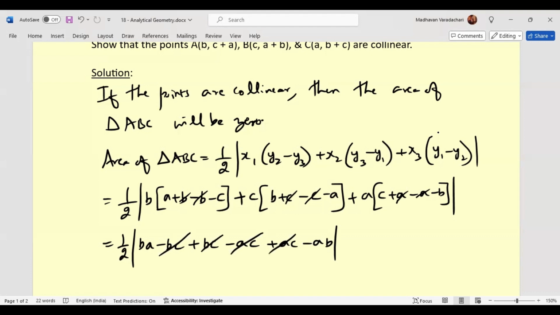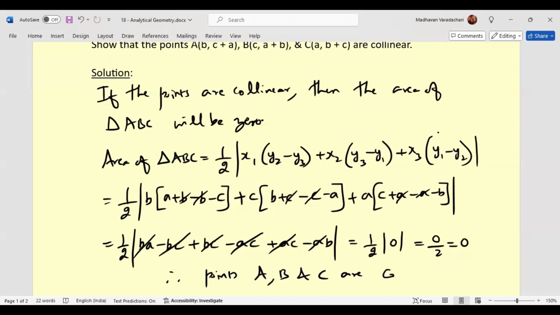BA minus AB both are same. You get half times modulus of 0, which is nothing but 0 by 2, which is 0. Therefore, we can say points A, B, and C are collinear. So that is the solution for this question.